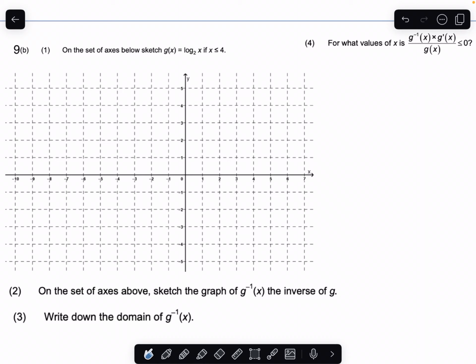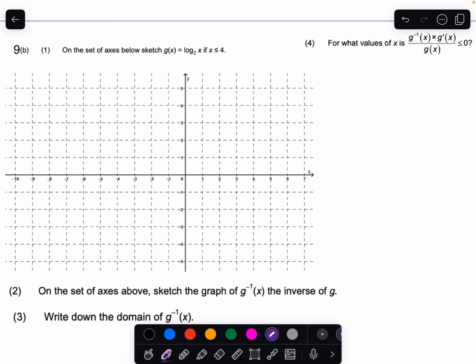I won't lie, I don't really know how to draw log graphs. I always have to think about how to draw the exponential, the inverse graph, and then from there I just reflect it in the y is equal to x line. So y is equal to log base 2 of x.